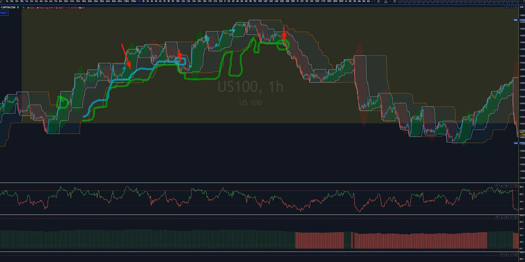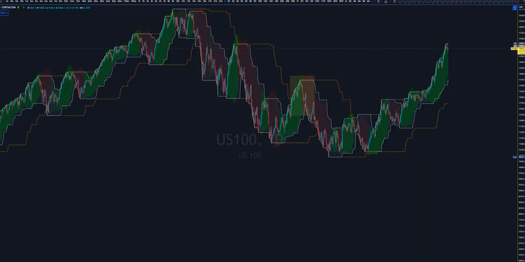And if we go back now to the daily time frame, we see that on the daily time frame we have managed this bull trap very well, and there have been also a lot of bull traps here.